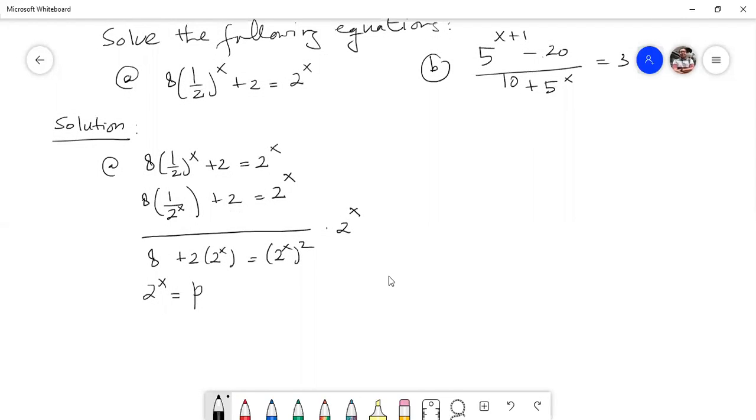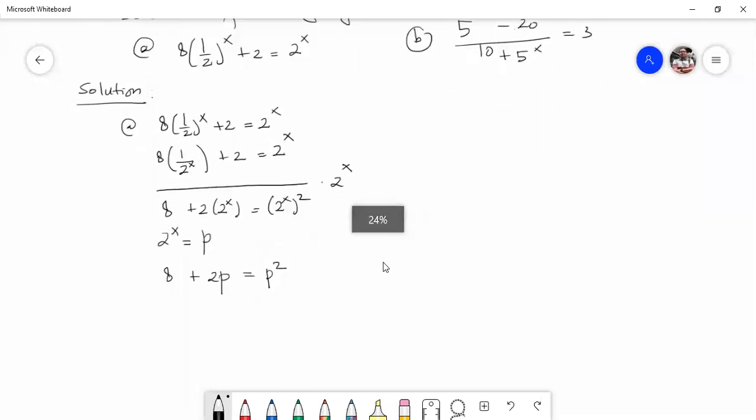Then what will you have? This must be 8 plus 2b equals b squared. So it leads you into a quadratic equation.